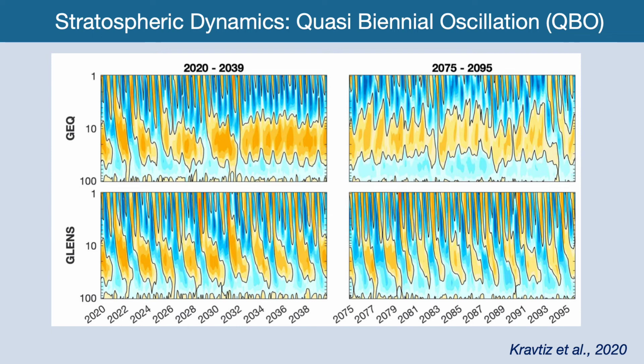On the bottom, we see that in GLENS, the QBO is not actually shutting down, but it does slightly change the speed towards the end of the 21st century. Changes in the dynamics may be very important and have to be looked at in much more detail.